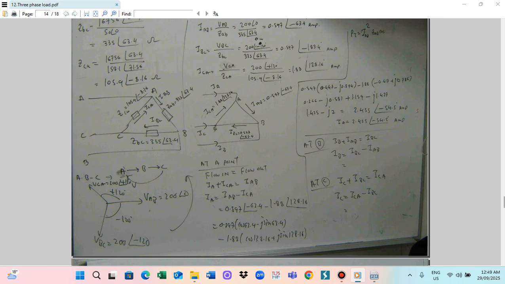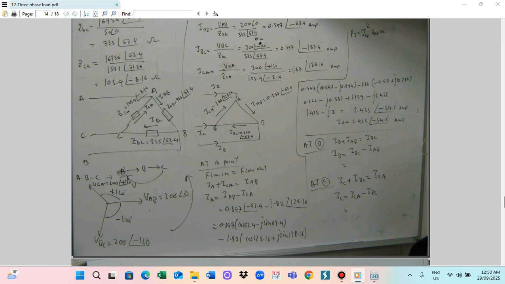So for this reason, you can find IA equals IAB minus ICA. Then you substitute. IAB is 0.597 angle minus 63.4, minus ICA, which is 1.88 angle 128.16. So then you can calculate the IA.